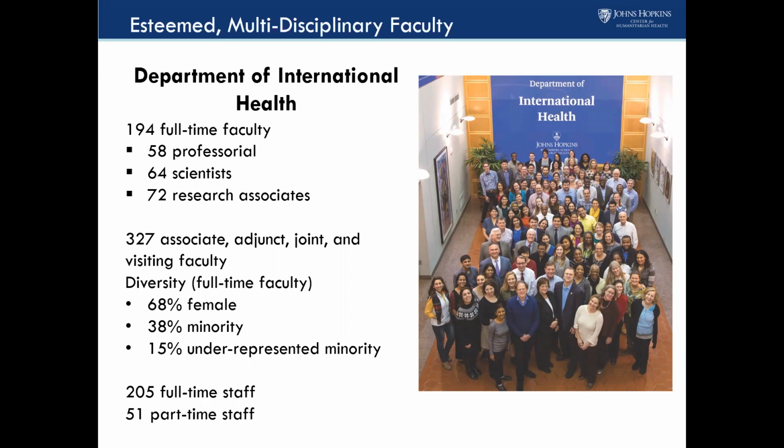And that's over 300 of those. Overall, the support staff that help keep everything running are over 200 people. And so in other words, it's like I said, one of the biggest departments in the school and bigger than some schools of public health. Okay.